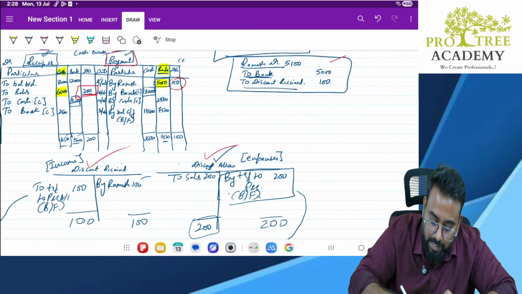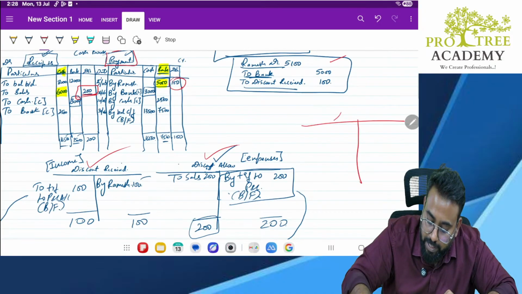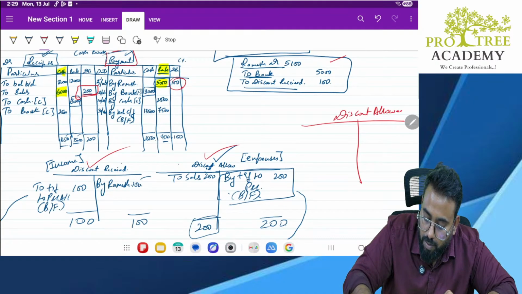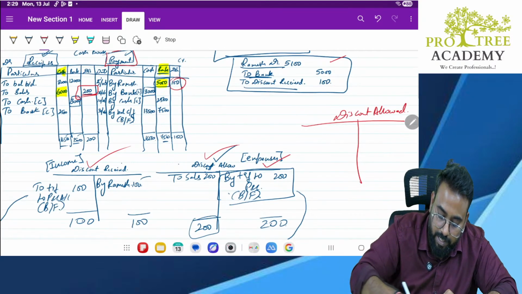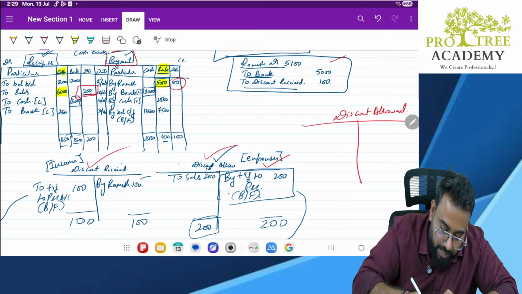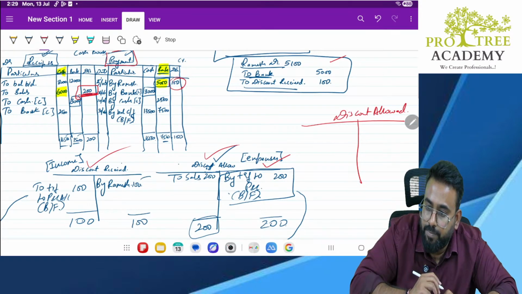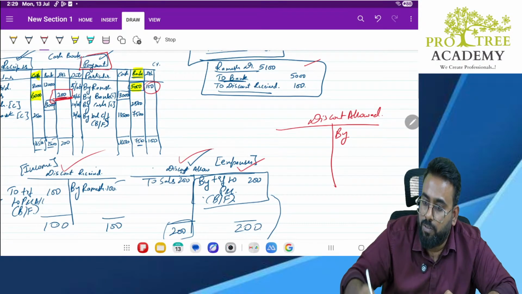Sir, why is it like that, sir? See, if you look at like this, then let's say we are preparing discount allowed. This account will prepare. Let's try to refer it to cash book and try to prepare. What will happen? Where is the discount allowed? Here? Correct? So, can I write it here? Opposite, no?